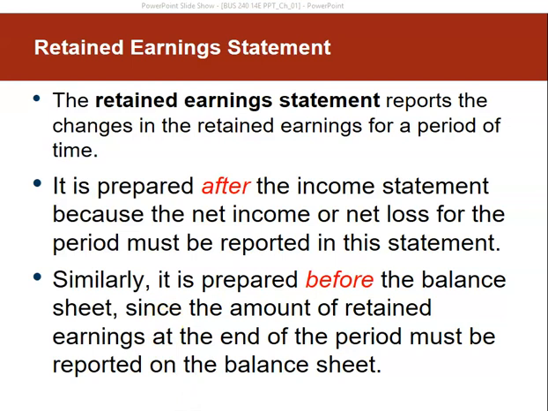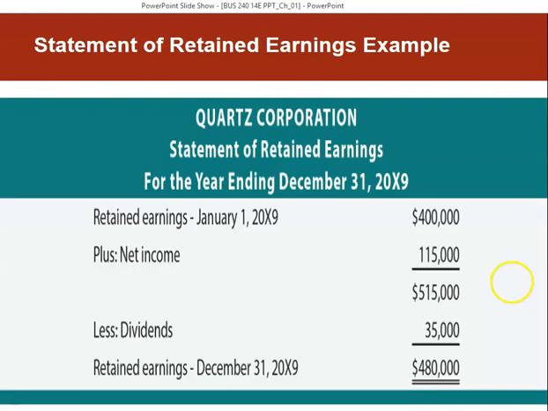All right, so let's go ahead and look here. Hopefully we have an example. Looks like we do. We have a statement of retained earnings. So this is for a different business. The first example that we looked at for the income statement was for a guitar shop. This is some other business.